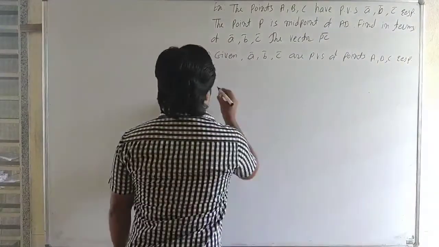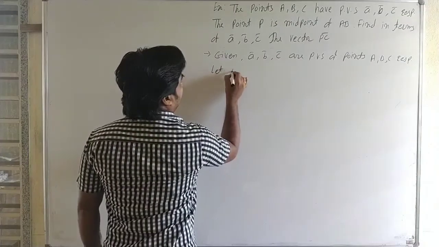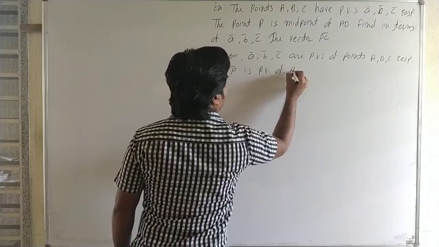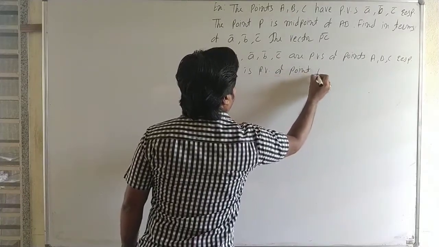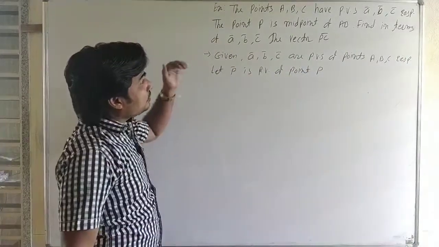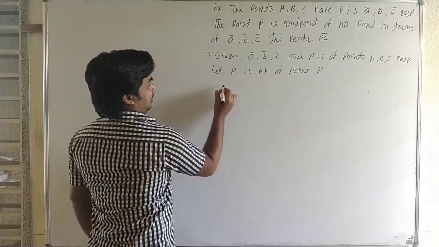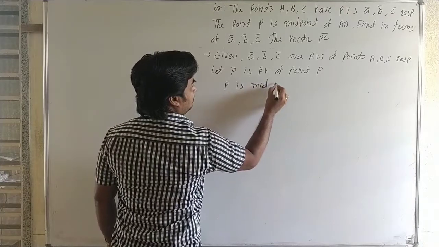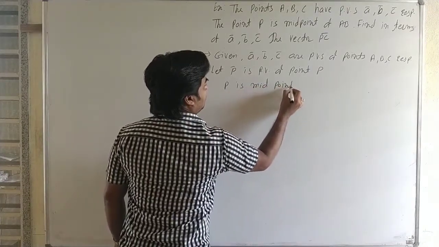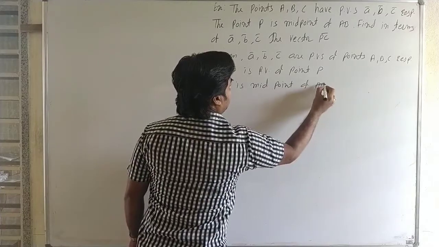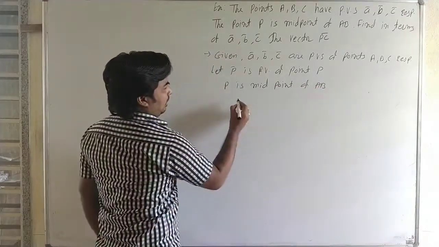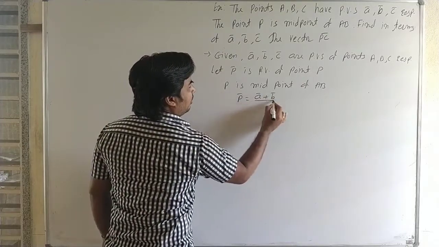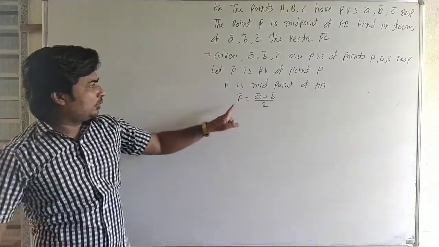Let P bar be the position vector of point P. Here P is a midpoint of AB. Then by the midpoint formula, P bar is equal to A bar plus B bar upon 2. It is the position vector of point P.